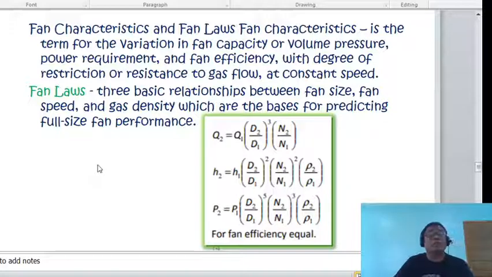For the pressure, P sub 2 is equal to P sub 1 times D2 over D1 to the fifth, N2 over N1 cubed, and then density 2 over density 1. Take note, this is for equal fan efficiency. So look at the condition, class. Do not use this equation if the condition is not the same or is not telling you to use the parameters.